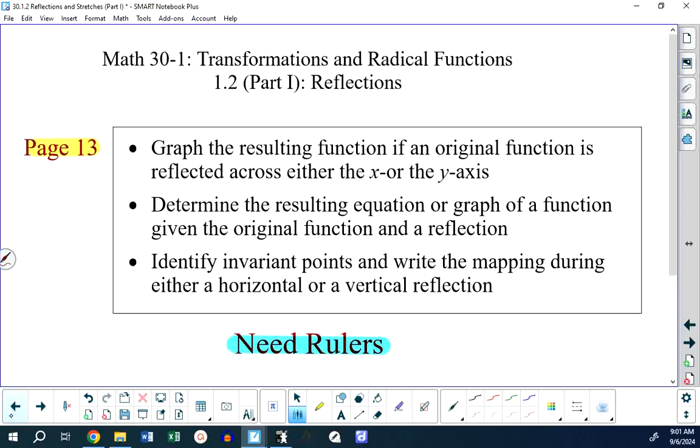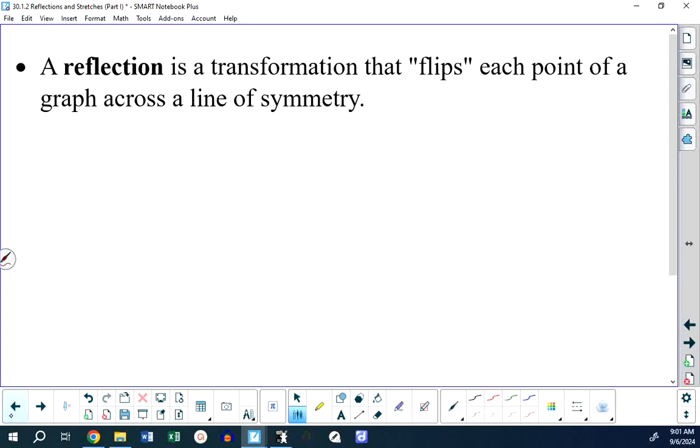An invariant point is a point that after the transformation, not necessarily a translation, in fact not a translation, after the transformation, if a point ends up being where it was to begin with, in other words, it's not affected, it's called invariant. So a reflection is a transformation that flips each point across what's called a line of symmetry.